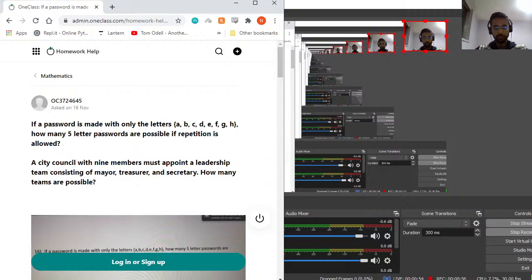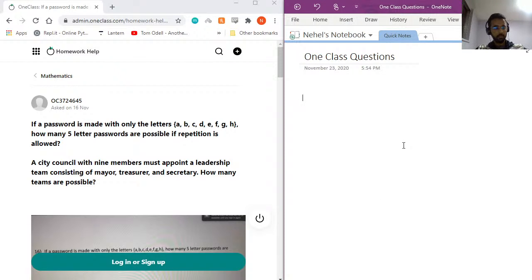All right, let's dive into the questions. So the first question is actually a question which is based on permutation and combinations. In the first question, we're given a set of alphabets, from A all the way to H. So there are 8 alphabets.